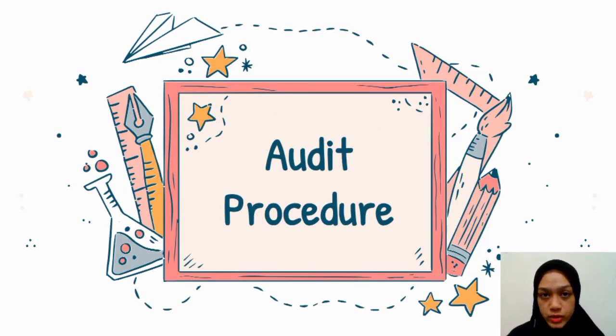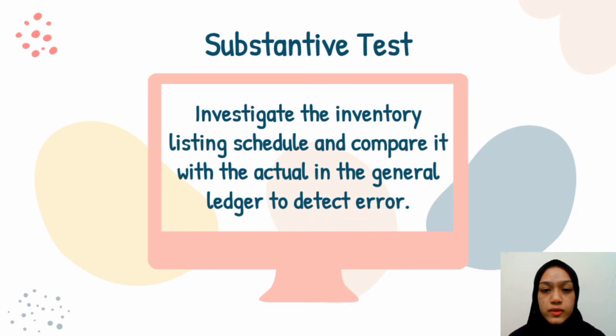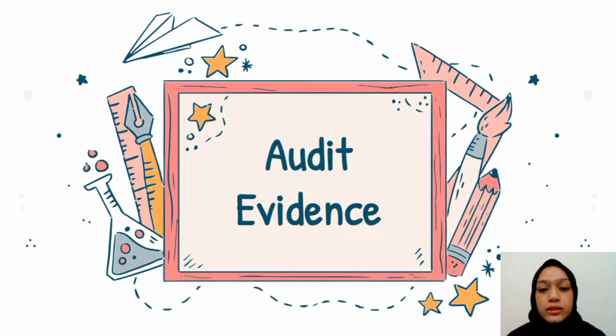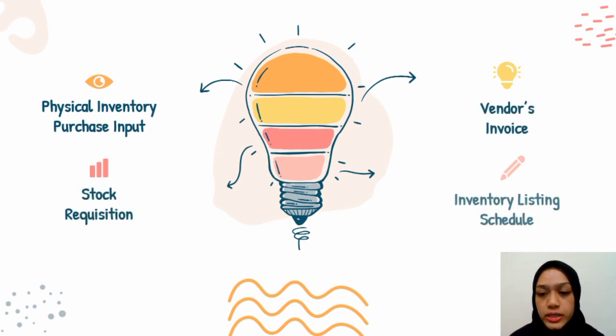Next is audit procedure. For substantive tests, the management has to investigate the inventory listing schedule and compare it with the actual in the general ledger to detect errors. Next, the audit evidence for detailed tie-in is physical inventory purchase input, vendor's invoice, stock requisition, and inventory listing schedule.